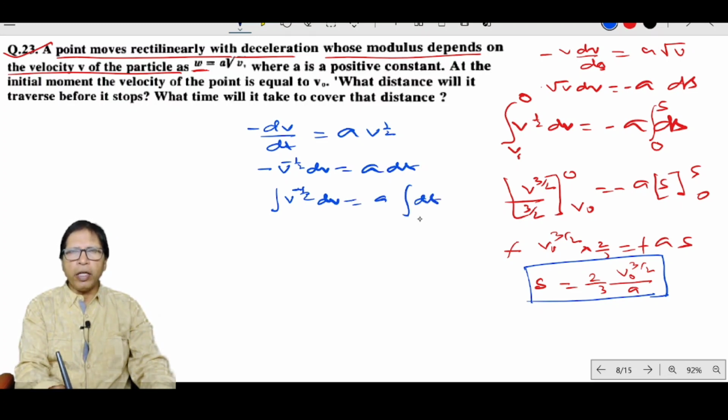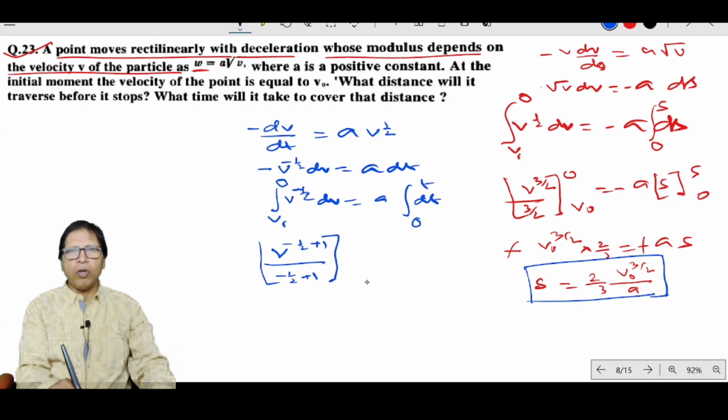dt. When t equals 0, the initial velocity is v naught. When t equals t, the velocity of the particle is 0. So integration of v to the power minus half plus 1 over minus half plus 1, with limits v naught to 0, with a negative sign, equals a into t, where t goes from 0.